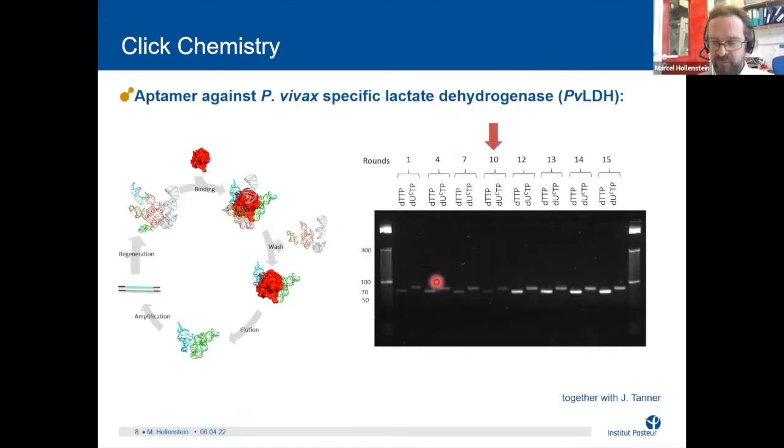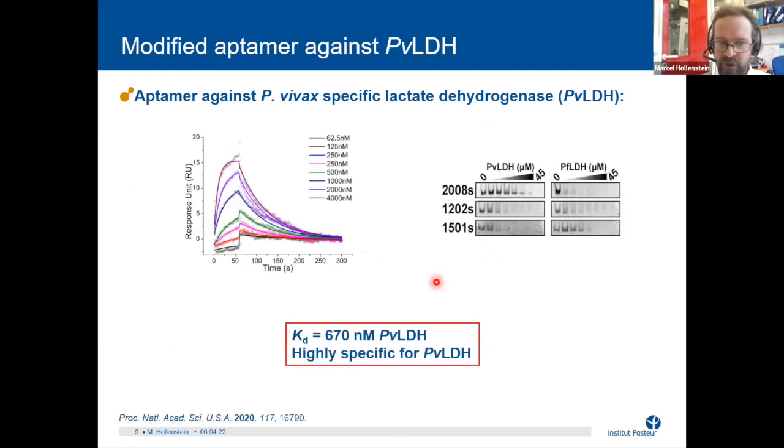Then, together with a colleague in Hong Kong, Julian Tanner, we did a SELEX experiment against the protein PvLDH, which is a lactate dehydrogenase from P. vivax and is an excellent biomarker for malaria. We were lucky enough to identify various sequences. We synthesized them using solid phase chemistry and tested all these sequences, and the most abundant was also the best binder.